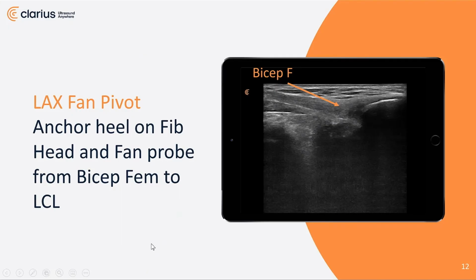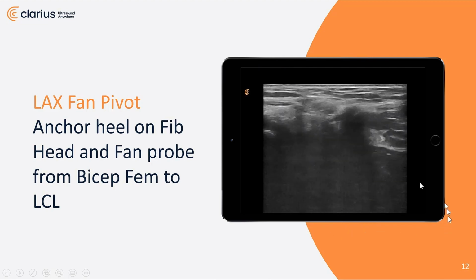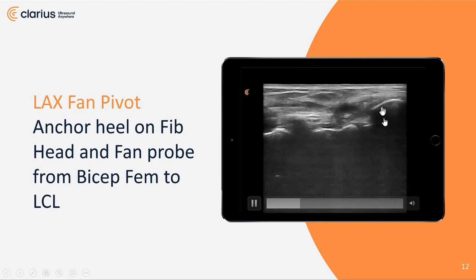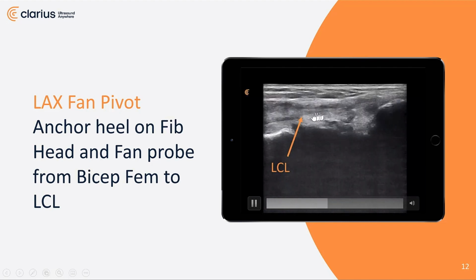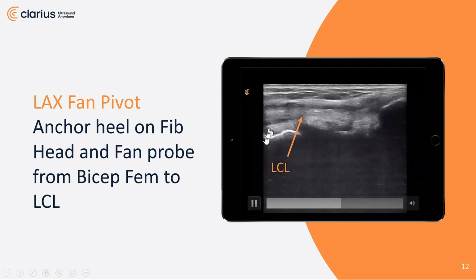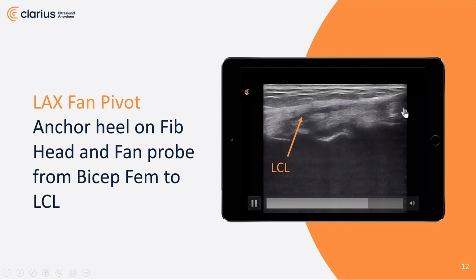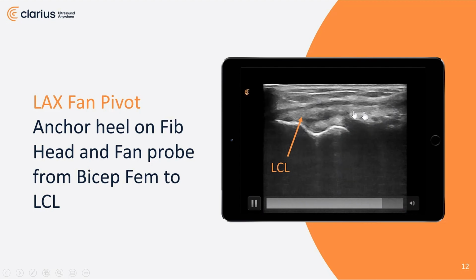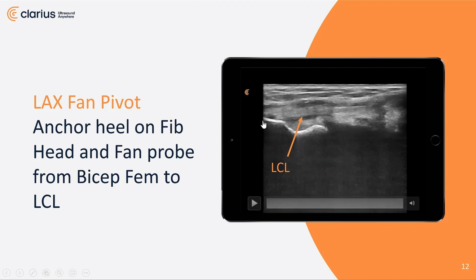We begin with taking a look at the biceps femoris tendon going into the fibular head, and from there you will see coming into view the femur, again fibular head, and the long strand structure of the lateral collateral ligament. This is the popliteus tendon running under the lateral collateral ligament, and this is the fiber of the LCL attaching to the lateral condyle of the femur.